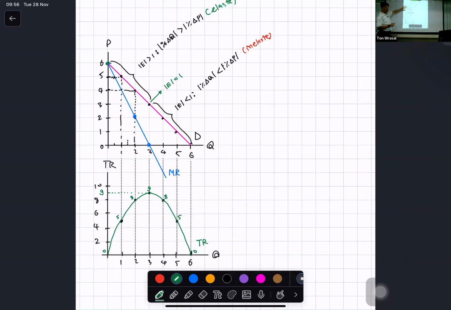Now it's time to extract the facts from these panels: panel one, panel two. First of all, let's look at panel one.